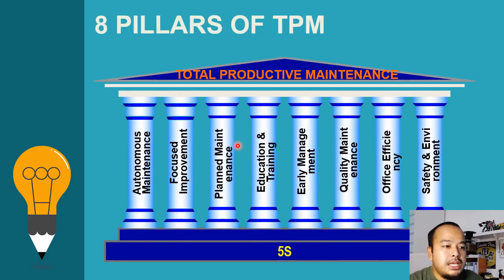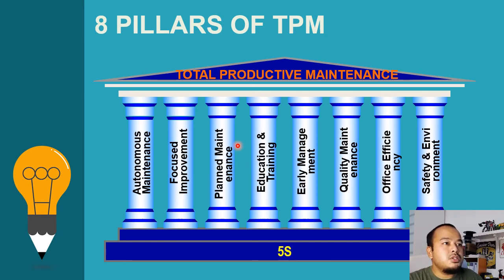Let's move to the 8 pillars of TPM. To achieve TPM, we have the 8 pillars combined with 5S, which some people call continuous improvement. You can find the definition of 5S.